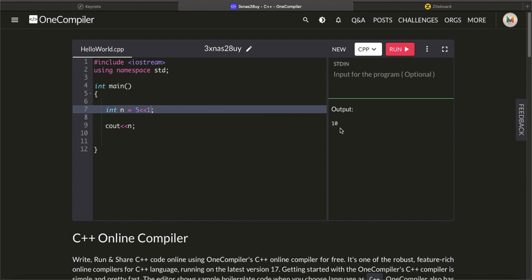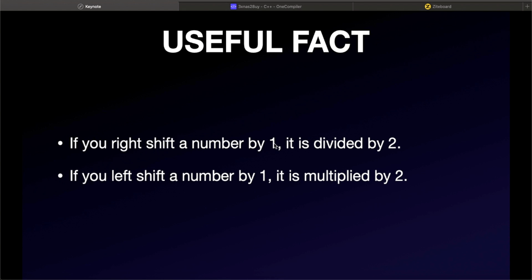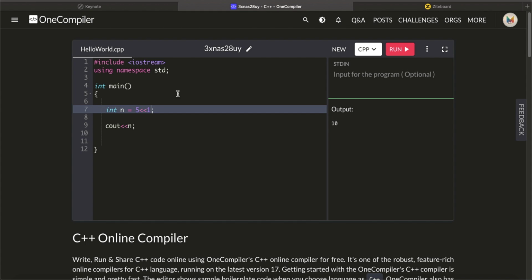We get 10, which is, as I said, if you left shift a number by 1, you get the product of it by 2. If we do it 2 times, again we'll get 20, because it again multiplied the answer by 2. And let's take an even number, because that will be easier to understand.